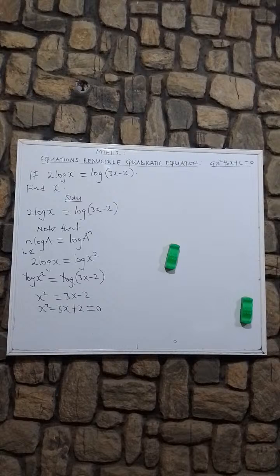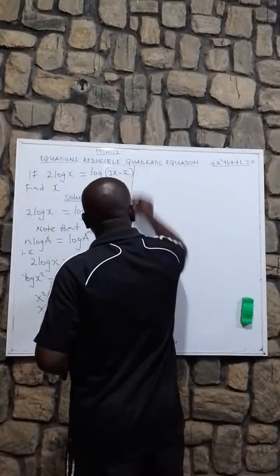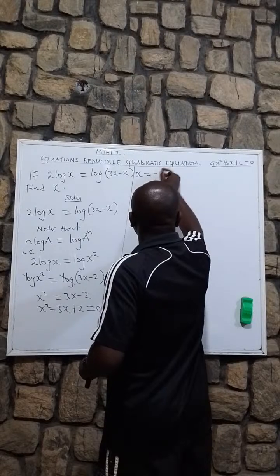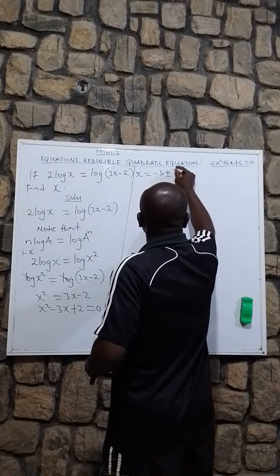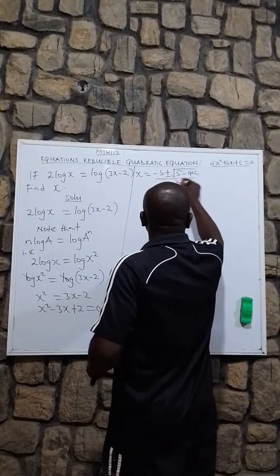Okay, Dauda Yusuf. Okay, yeah, let's try together. x is equal to minus b plus or minus square root of b squared minus 4ac, all over 2a.